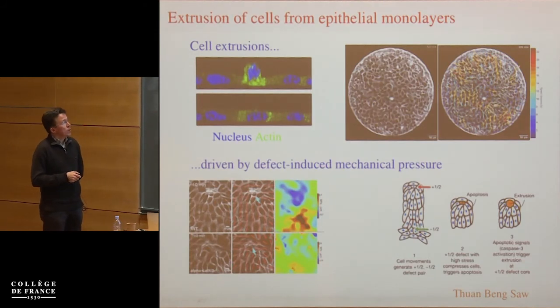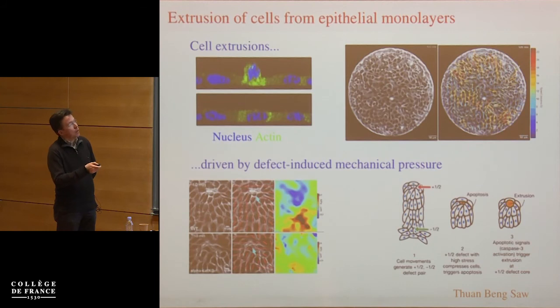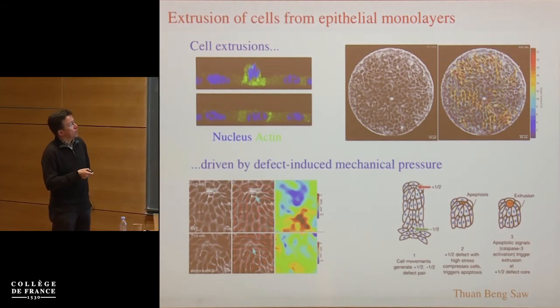In this set of experiments, we measured the velocity field, which you could see here on the right-hand side of the movie, the Q tensor, for which a representation is given here on this graph, and the traction forces, from which we inferred stresses using Bayesian inversion. The main observation was that the topology of the Q tensor was correlated with the presence of cell extrusions in the monolayer.